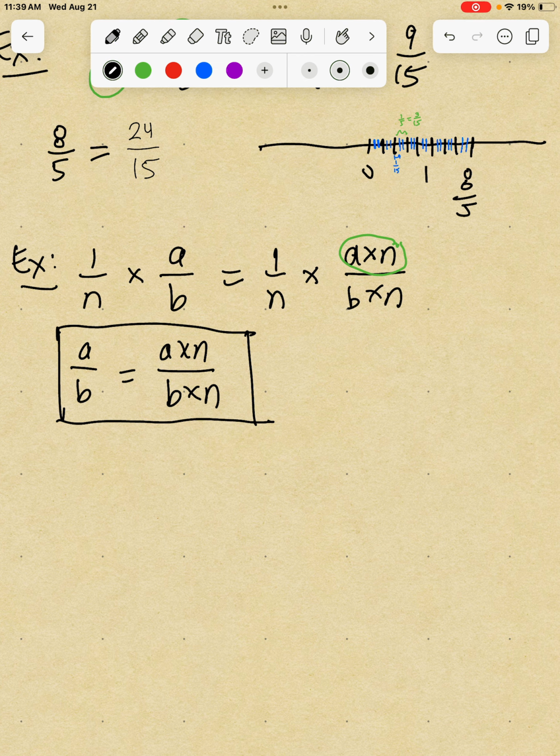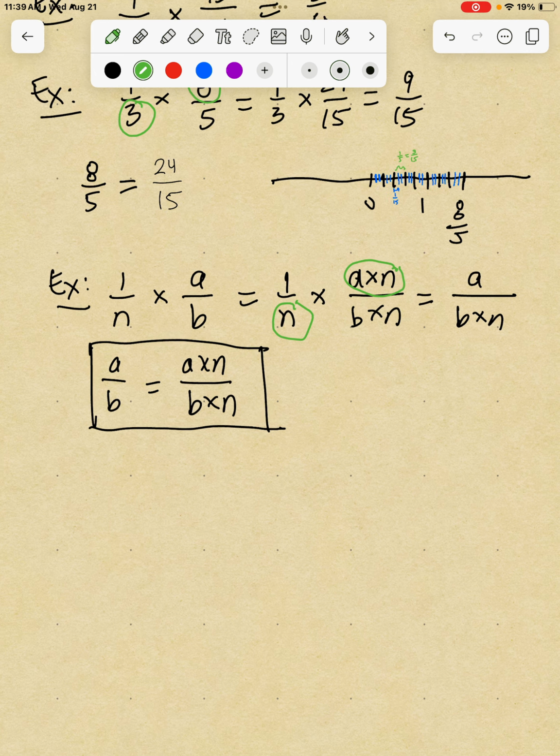It's a. So it's a over b times n. That summarizes what we've done. You use this fact that you can represent a fraction a over b in multiple ways to write the fraction as a times n over b times n, and that way you can divide the number of pieces you have by n.